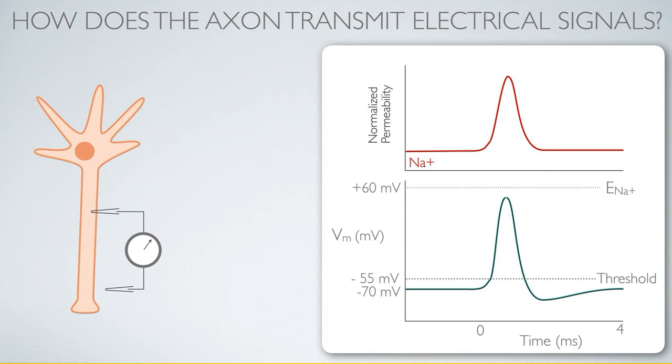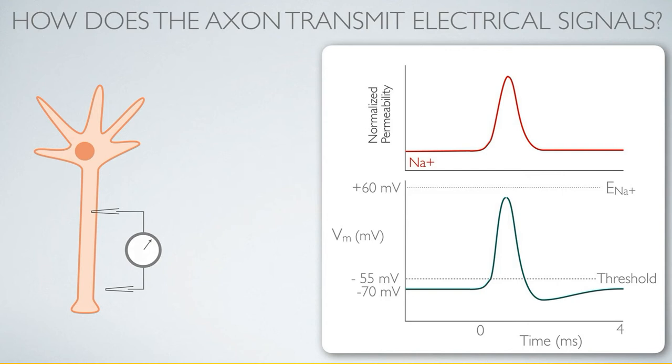So what drives this change in permeability? I mentioned at the end of the last lecture that gated channels are a means of changing the permeability of a membrane to a particular ion. Among the three different types of gated channels, there are voltage-gated channels. So a change in the membrane potential itself changes the state of the gate, which in turn changes the permeability of the membrane to sodium.